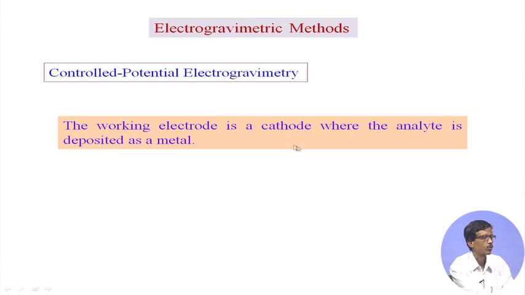But if it is a cathode, as I just now told you, it is where you can expect the corresponding analyte to be deposited on the corresponding metal. That means, when the iron rod or iron nail is immersed within the copper sulphate solution, that can function as the corresponding cathode, because it can give rise to the required number of electrons for the reduction of copper 2 plus to copper 0.